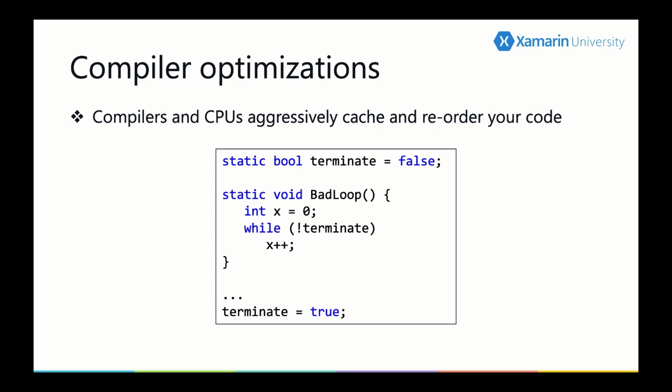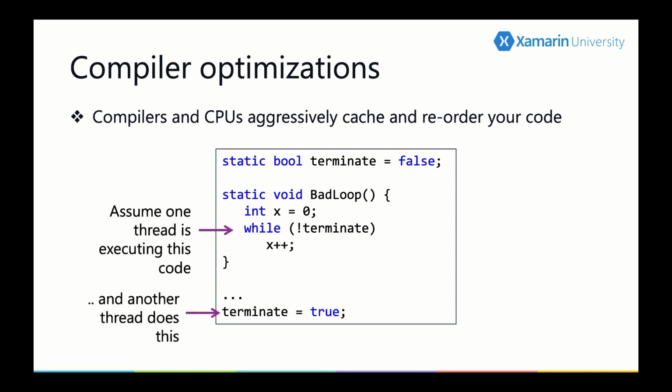So what do we have here? We've got a very simple while loop, and we've got a Boolean that indicates whether the while loop should be terminated or not. As soon as terminate becomes true, the while loop should exit. Let's now imagine that we have one thread that is running the loop, and there's another thread that later changes the value of our terminate Boolean.